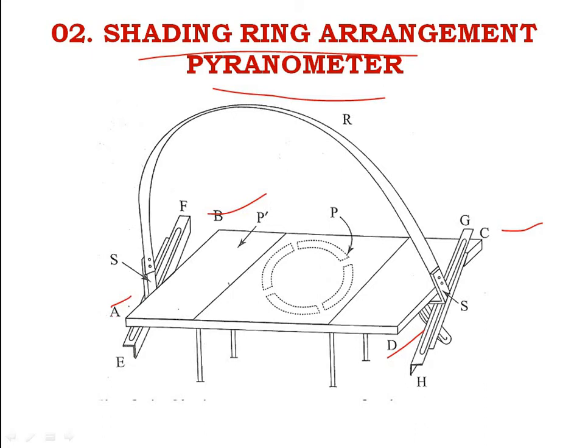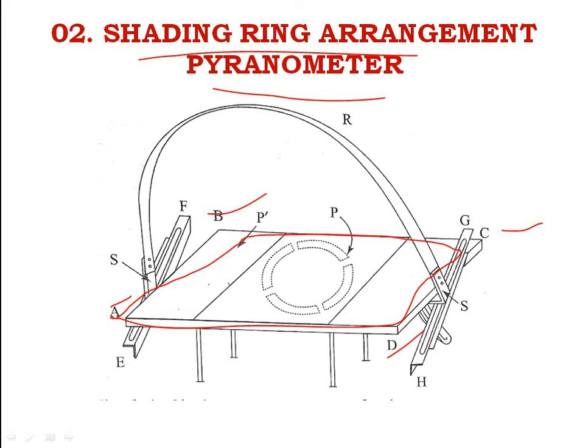I have marked A, B here. ABCD is a rectangular frame of 35 centimeter by 80 centimeter with its long sides in the east-west direction. Remember the size, 35 centimeter by 80 centimeter, with its long sides in the east-west direction.